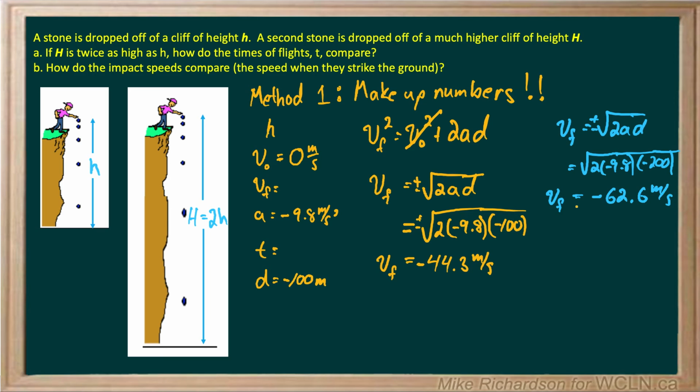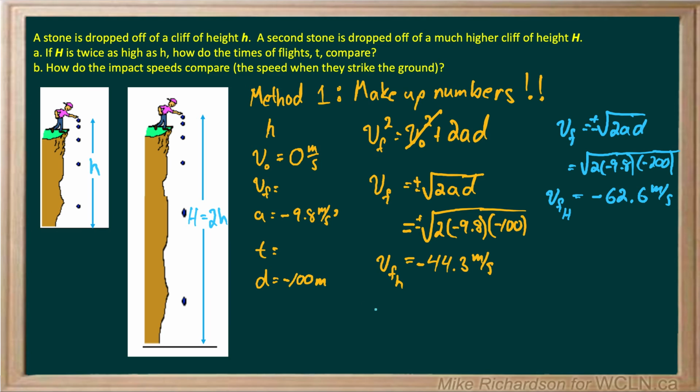Now, the nature of the question is generally, because they didn't give you any numbers at the beginning, they just want to know how your final velocity compares at the larger drop compared to the final velocity at the smaller drop. And if you look at it, this is my final velocity when dropping the full capital H, and this is my final velocity when dropping only 100 meters, which we've said is the lowercase h. And I could again get how many times bigger it is.